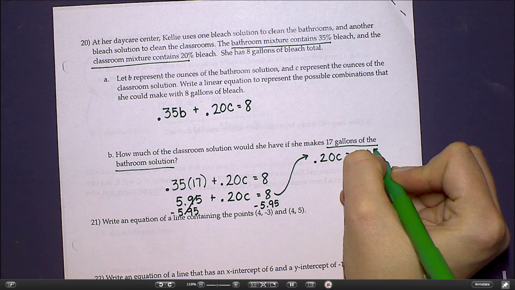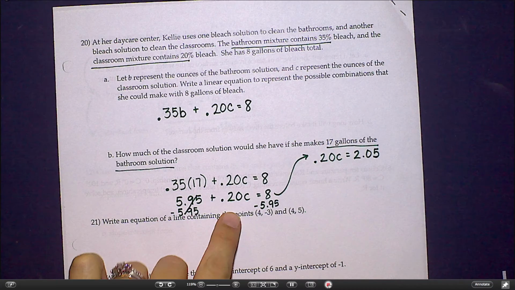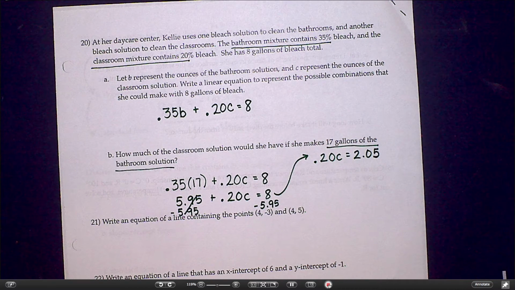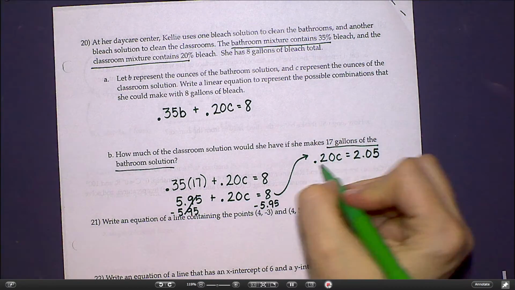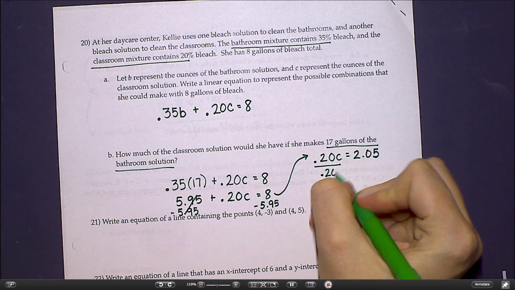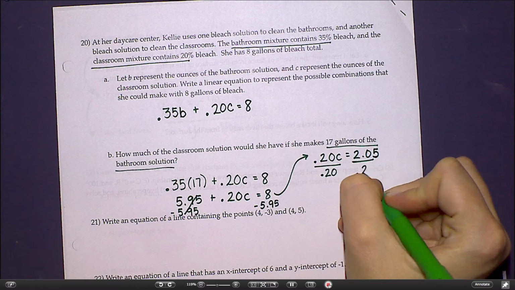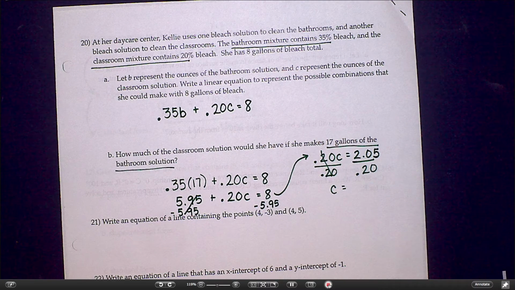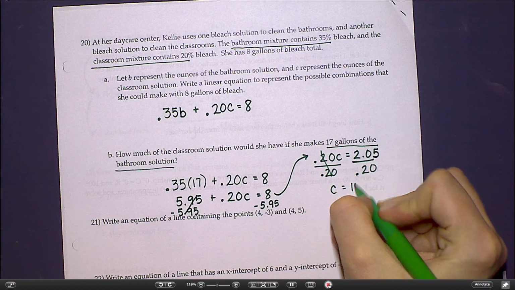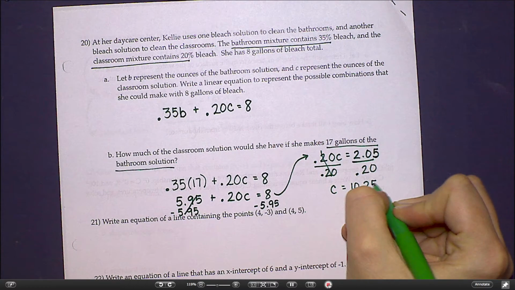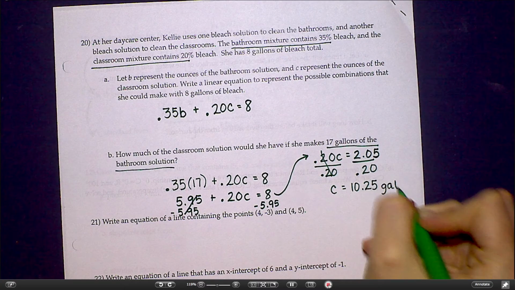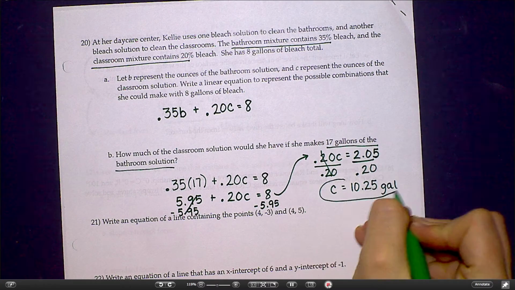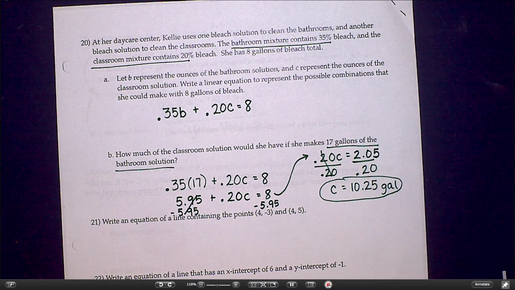Equal to 2.05. That's what I got when I did the 8 minus the 5.95. Okay? And now I'm dividing by 0.20. And when I divide by 0.20, I end up with 10.25 gallons. So that would allow her to make 10.25 gallons of the classroom solution.